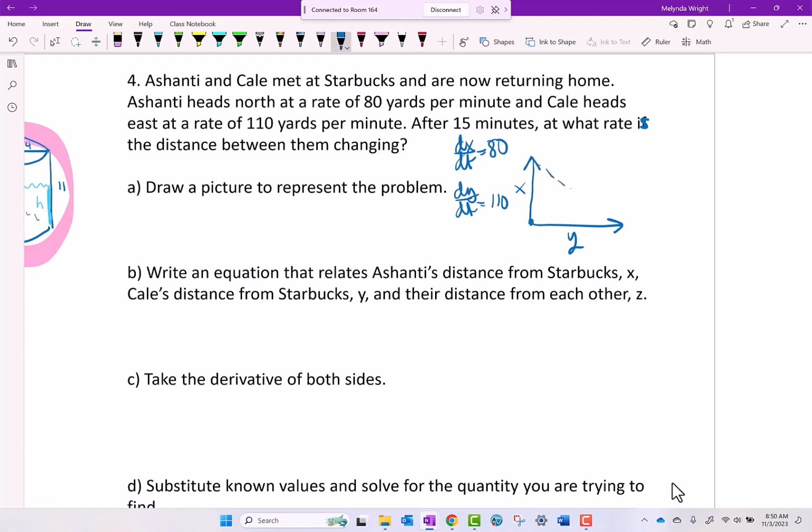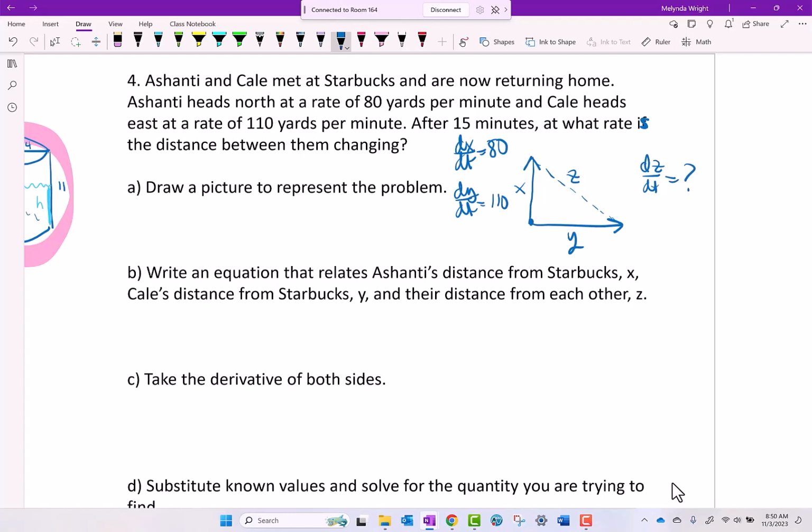We'll just pretend that they're at those ends of those lines. So we'll call this Z, whichever variable you want. Z is the distance. So we want to know at what rate the distance between them is changing. So dz/dt equals question mark.